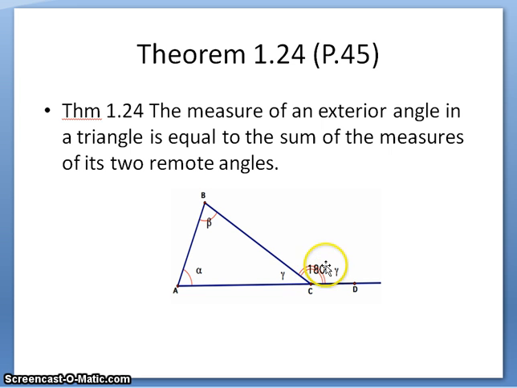Then we can use the property that the degree sum of a triangle is 180 degrees. So we should be able to prove 180 minus gamma is equal to alpha plus beta very easily. So the hint is to use that the degree sum is 180 in a triangle.